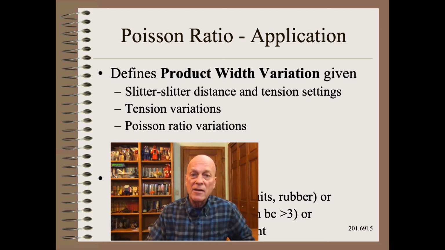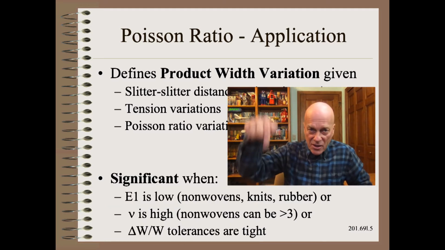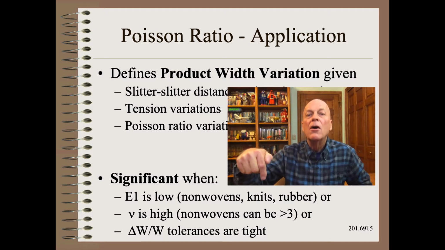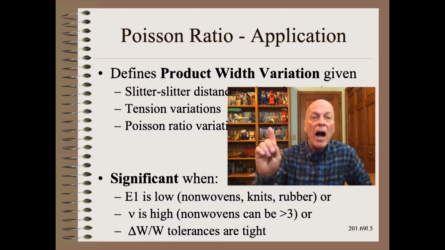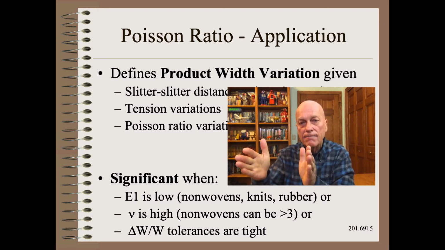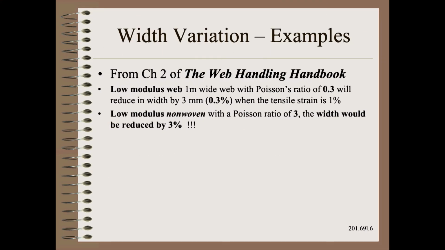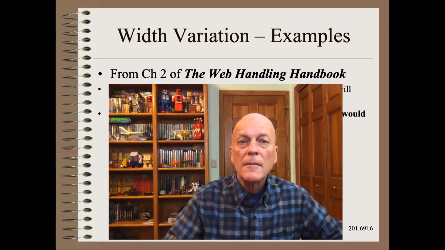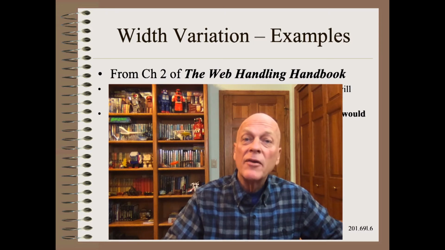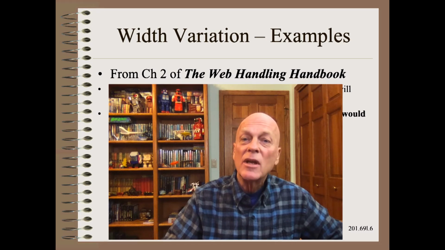Meeting width tolerances can be quite challenging whenever any of the following is true. The modulus is low, or Poisson ratios are high, or width tolerances are tight. From our must-have 750-page Web Handling Handbook, we can illustrate the challenges with a couple of ordinary examples.